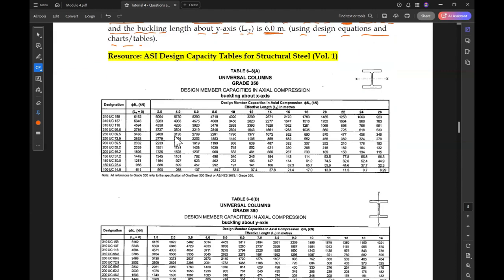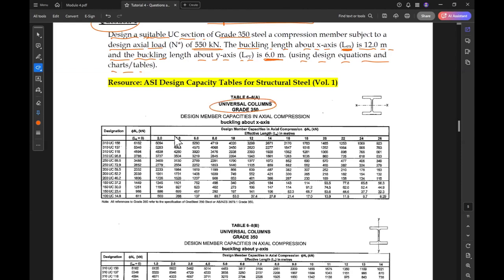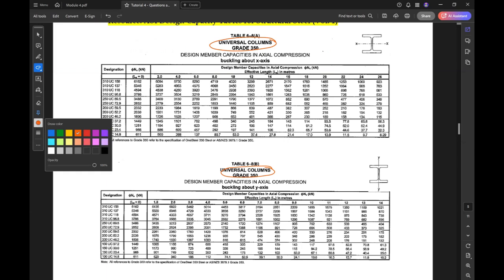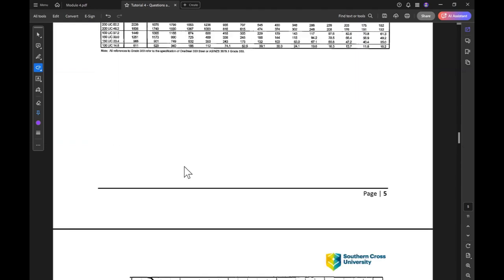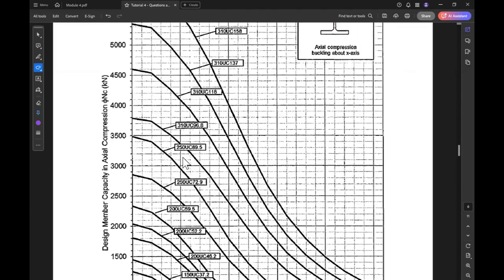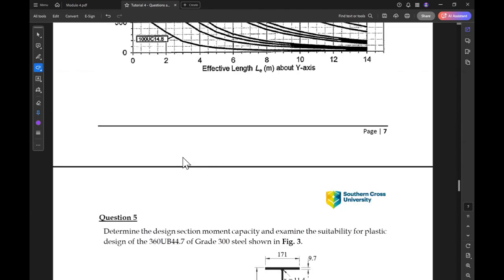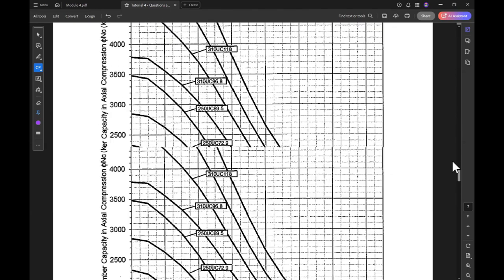Okay, here is the table of the universal column grade 350. This is for the x-axis and this for the y-axis, and this is the chart. So we just need to know how to use the chart for design.